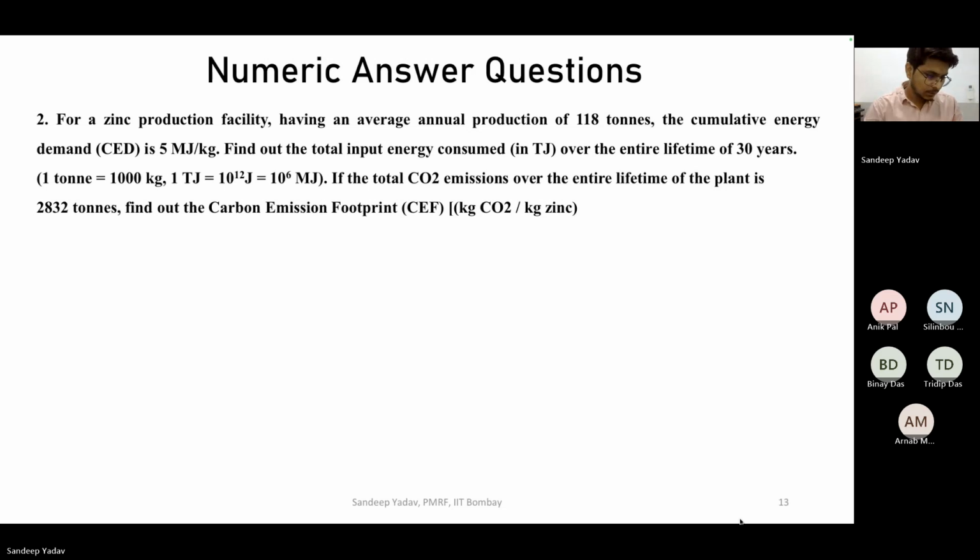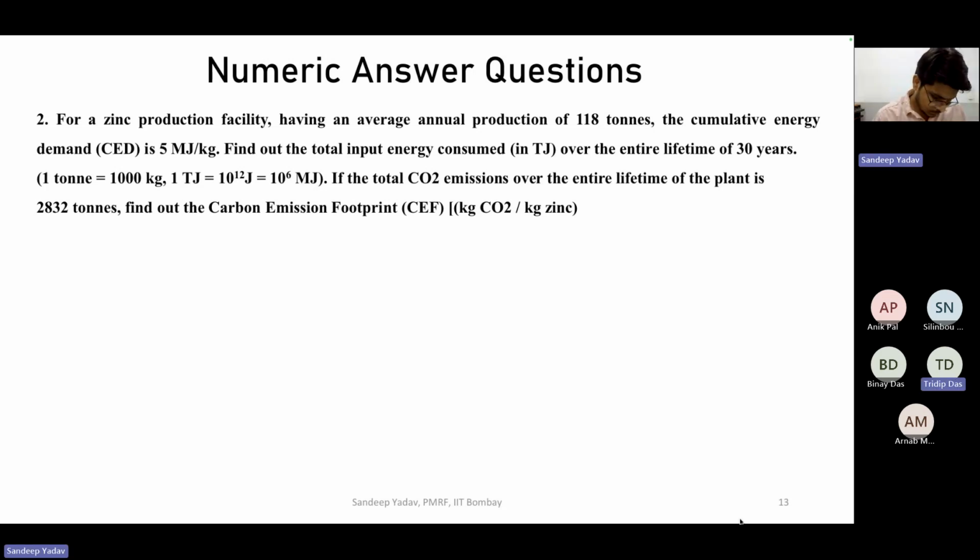Yes, even if you're able to solve this question. 17.7 terajoule.